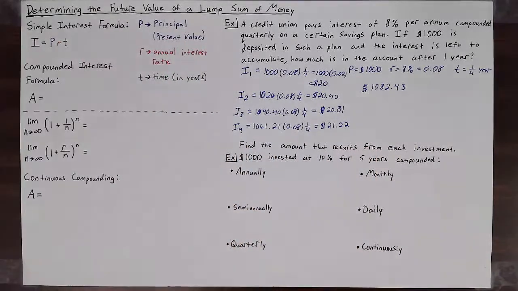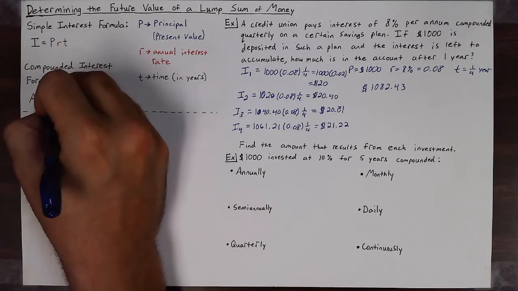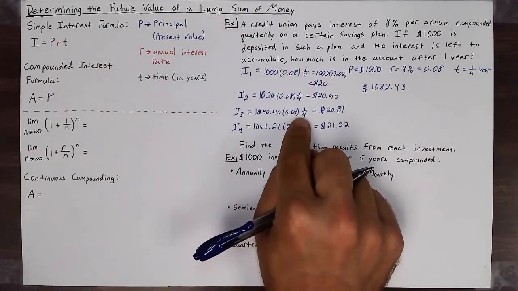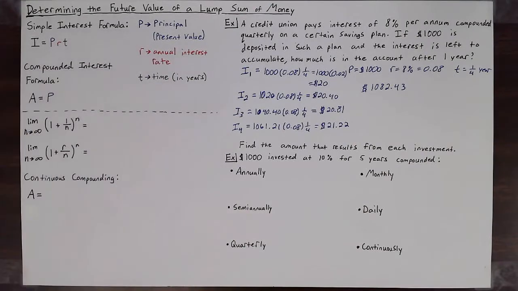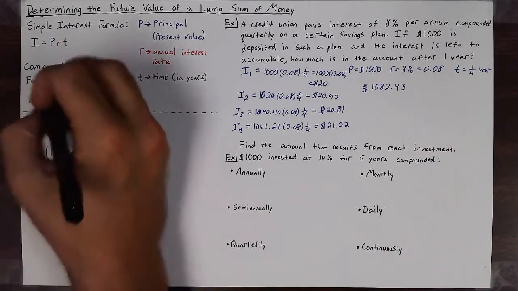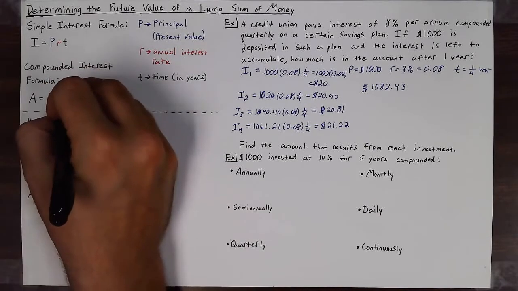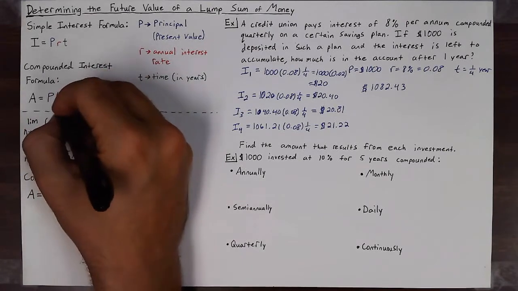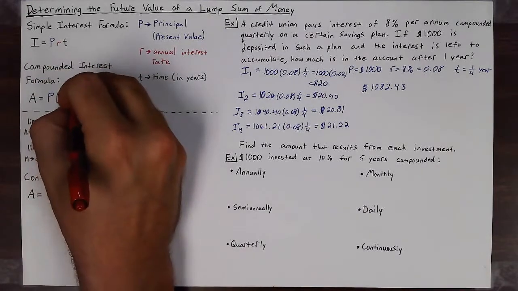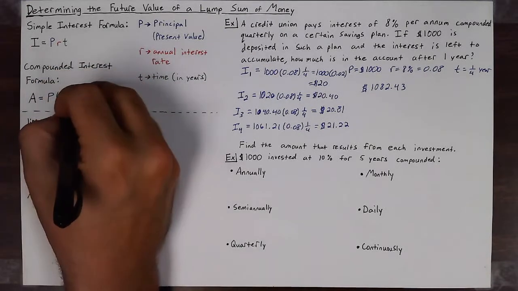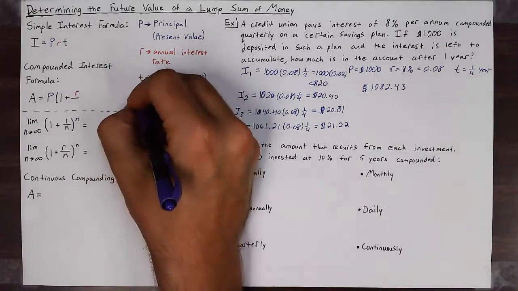Now, this brings us to a compound interest formula. The way you calculate this is you're always multiplying by that 0.02 every quarter and adding it on. We can do this with an exponential function by taking your principal and multiplying it by 1 plus your rate, divided by the number of compoundings in 1 year.